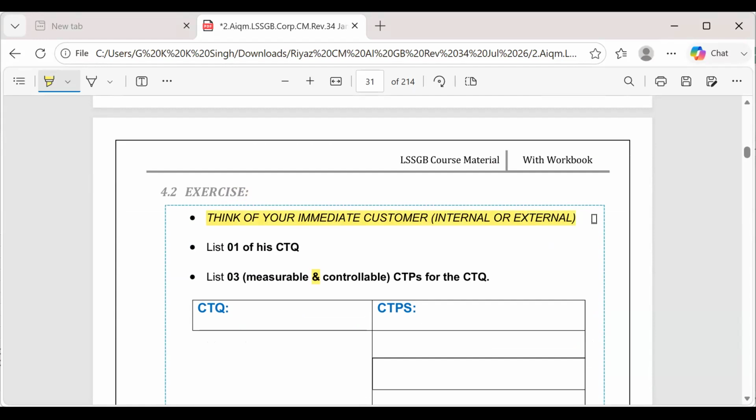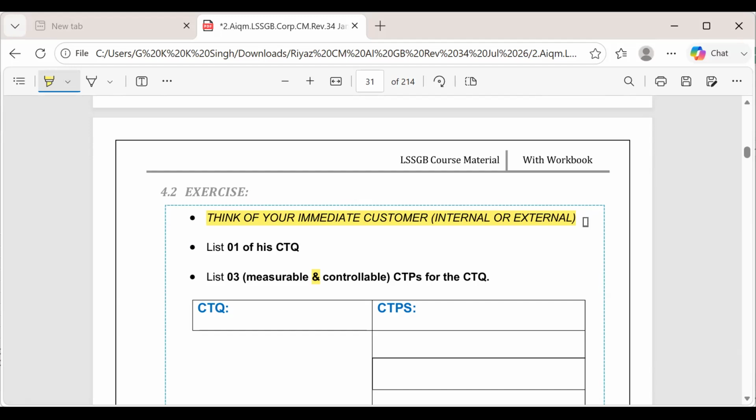Maybe your boss can also be considered as an internal customer. It could be your boss, or it could be some customer. So customer means external, and senior would be internal customer. So think of your immediate customer, internal or external.